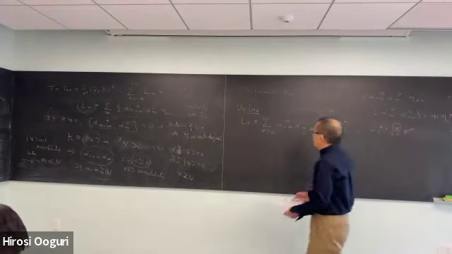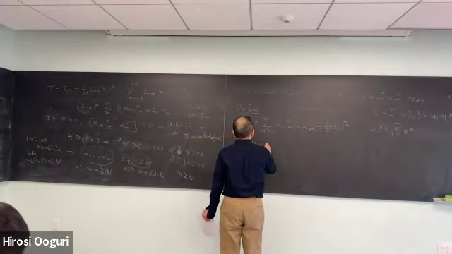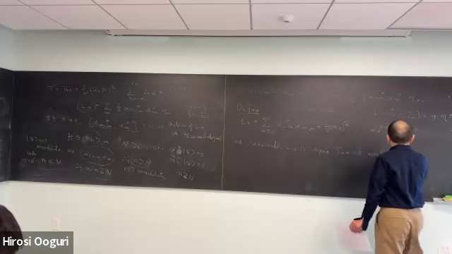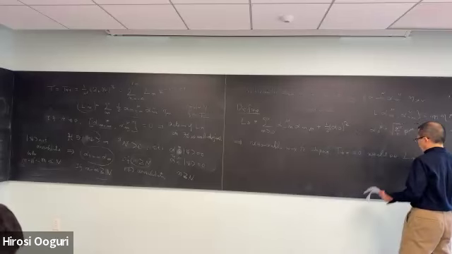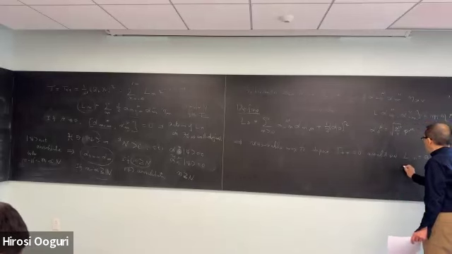So the reasonable definition will be to impose the condition that the limit of Ln minus A delta n0 is equal to 0, where A is some constant.